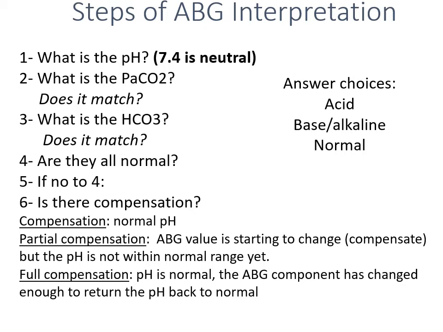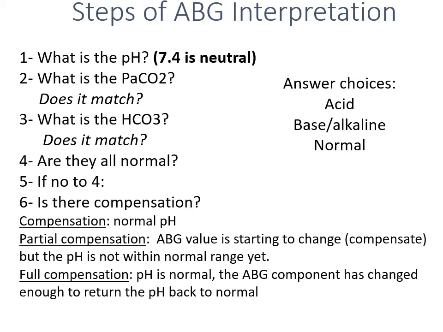So say somebody had a metabolic acidosis and the body has been able to compensate by breathing faster, by providing more bicarbonate from the kidneys, and the pH has been able to return to normal. Well, that's compensation, right? The pH is normal. So that's full compensation.